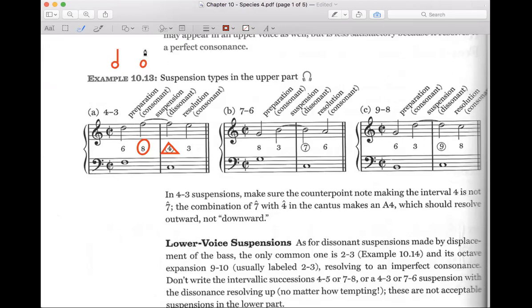And you would be right on. In species 4, you will mainly be working with half notes. Where is the exception? Well, just like we saw in species 2, at the end of your phrases, you will go back to species 1 often for the cadences. Okay, so that's good to know that it's operating a lot like species 2.